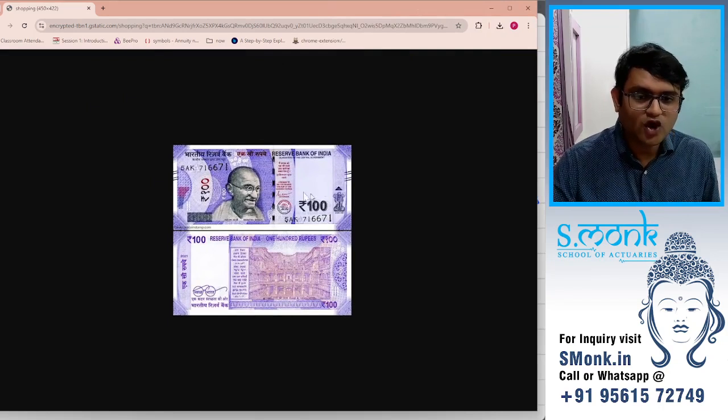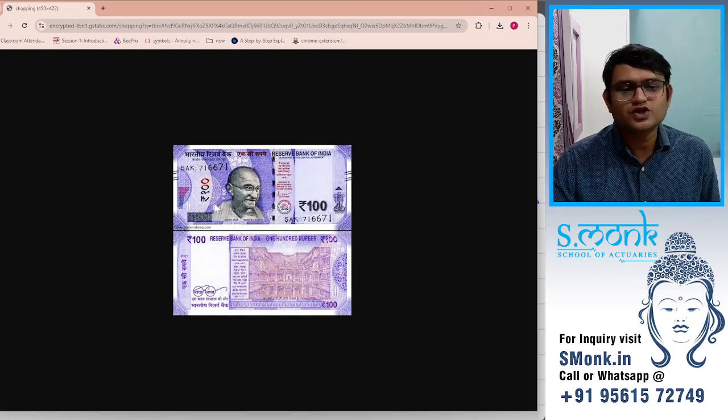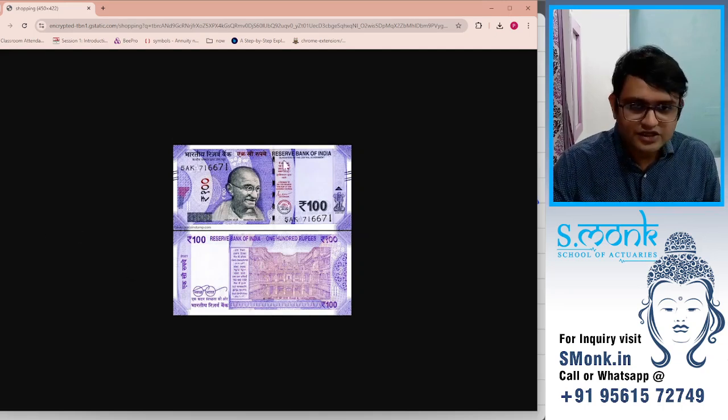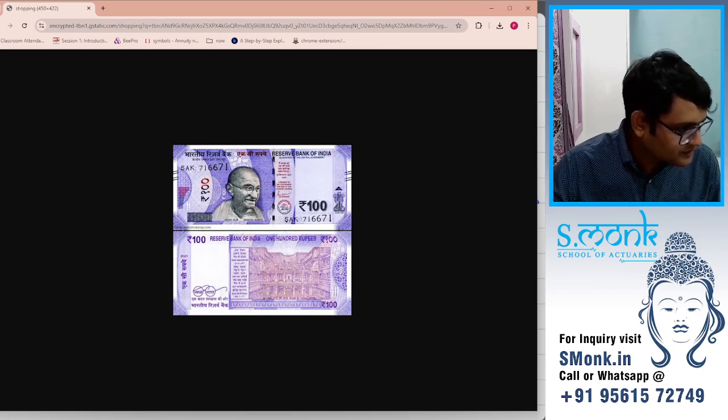The value written on the face of this note will be the face value of this currency. Whatever value is written, that would be the face value of this currency. Now actually this note is not really 100 rupees in itself. The value written here gives it a value. Let me find a good image for you to show what that is.